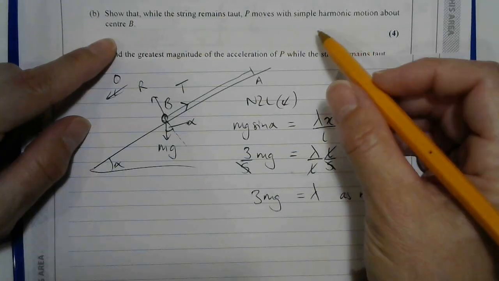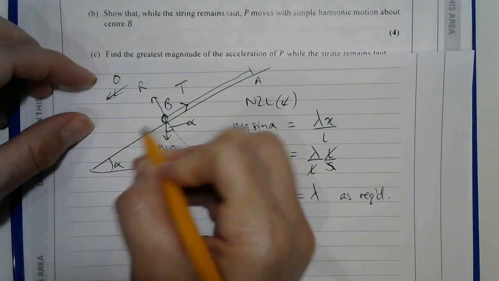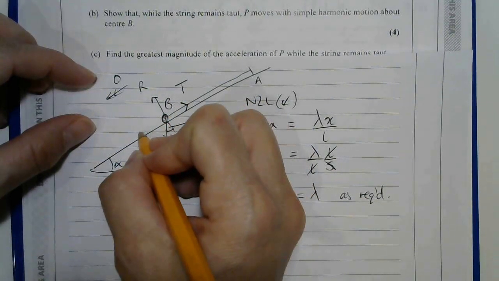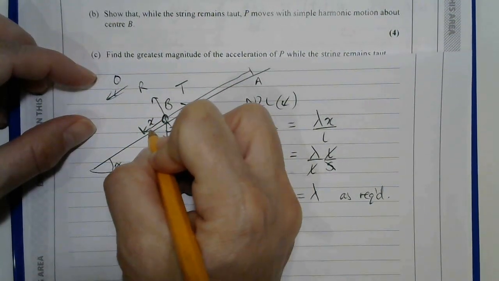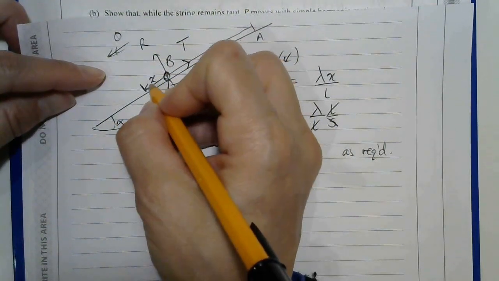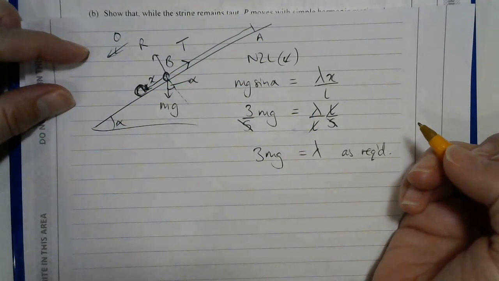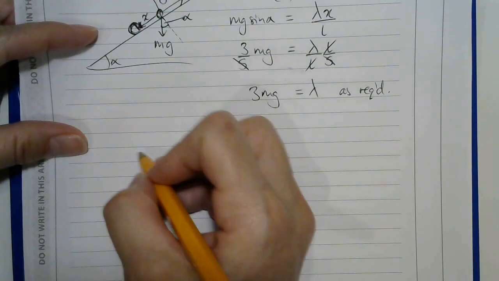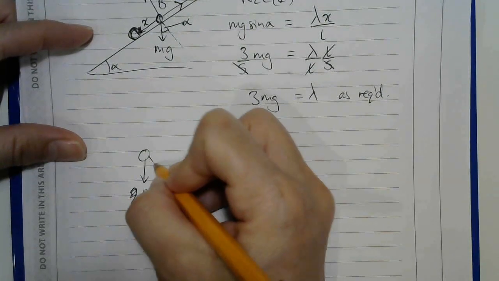Now, when I'm trying to prove simple harmonic motion, although I know how much further this is pulled down, I need to not use that length for the moment and just assume that the particle is now a distance x from B. So x is measured in this direction. So when the particle is here, this distance x away, I have the weight mg.